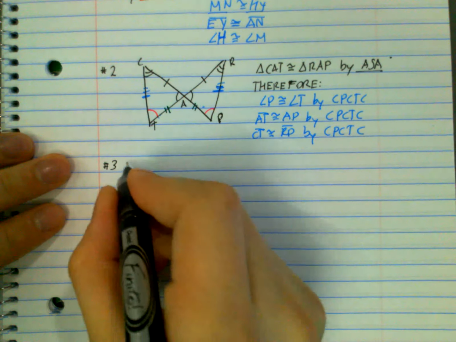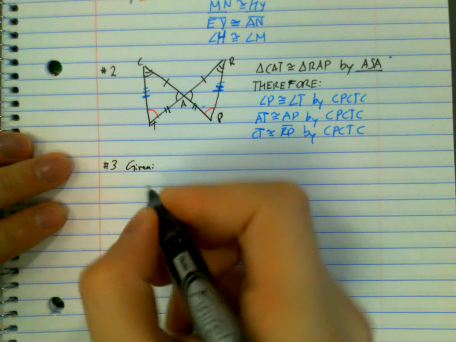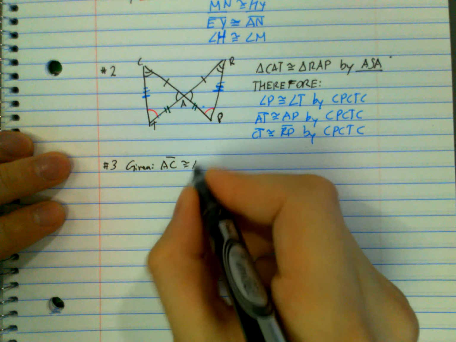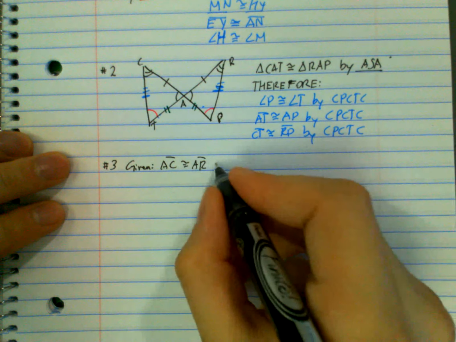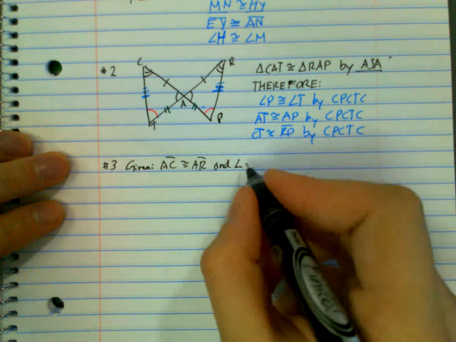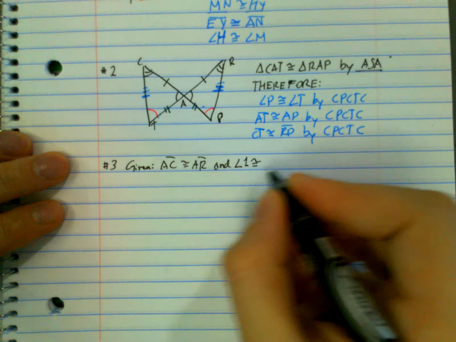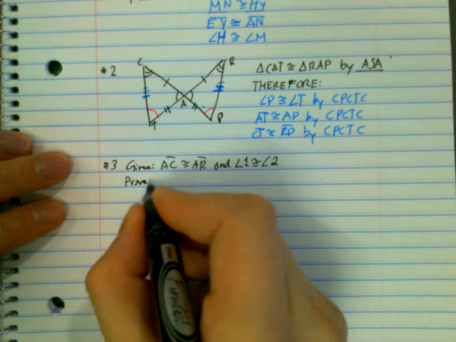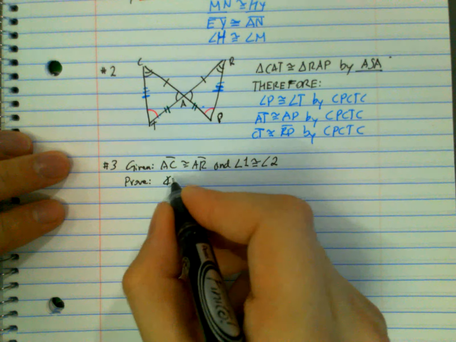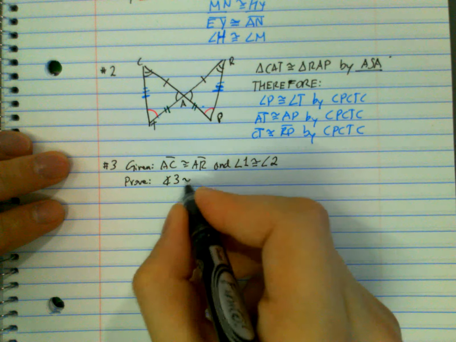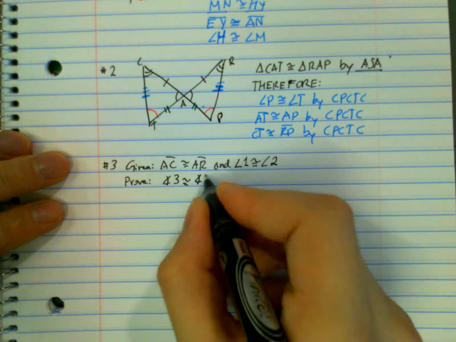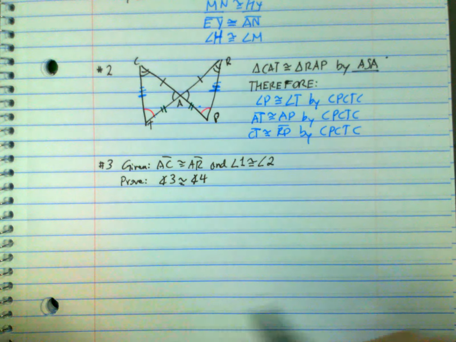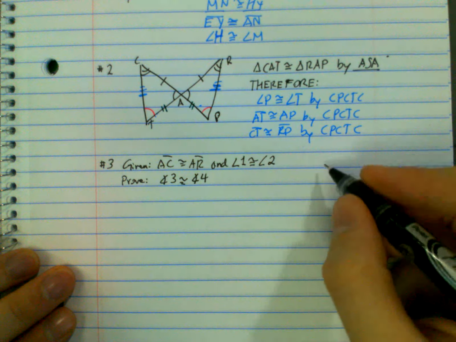So let's say I'm given that segment AC is congruent to AR and angle 1 is congruent to angle 2. We want to prove that angle 3 is congruent to angle 4. Okay? Now here's our triangles.